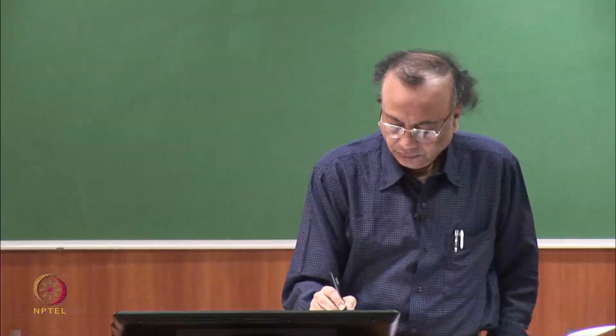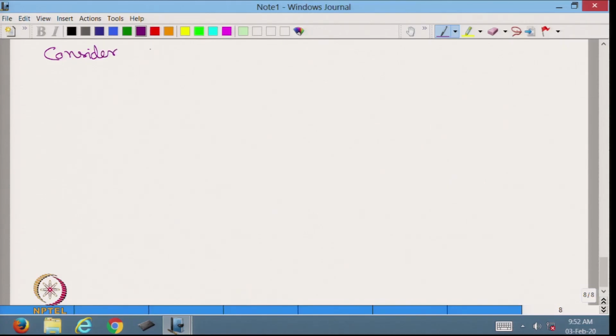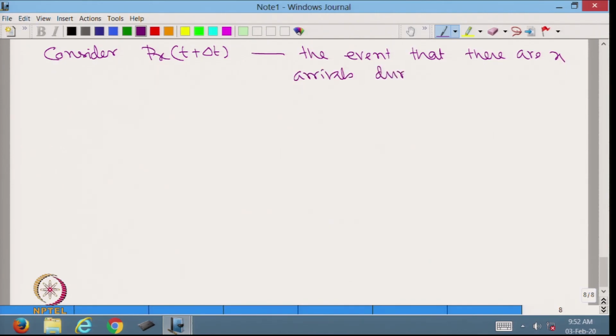So, consider P_x(t plus delta t), that is the event there are x arrivals during 0 to t plus delta t.